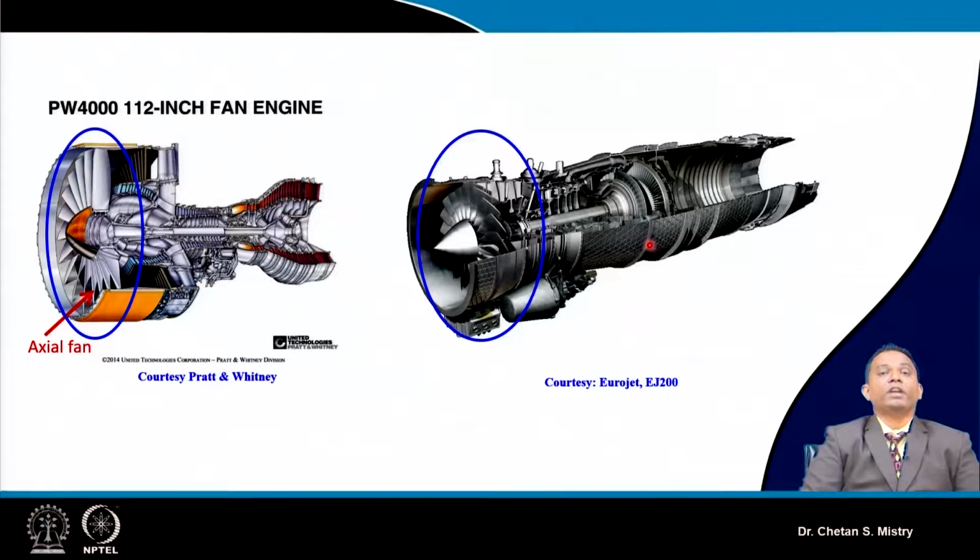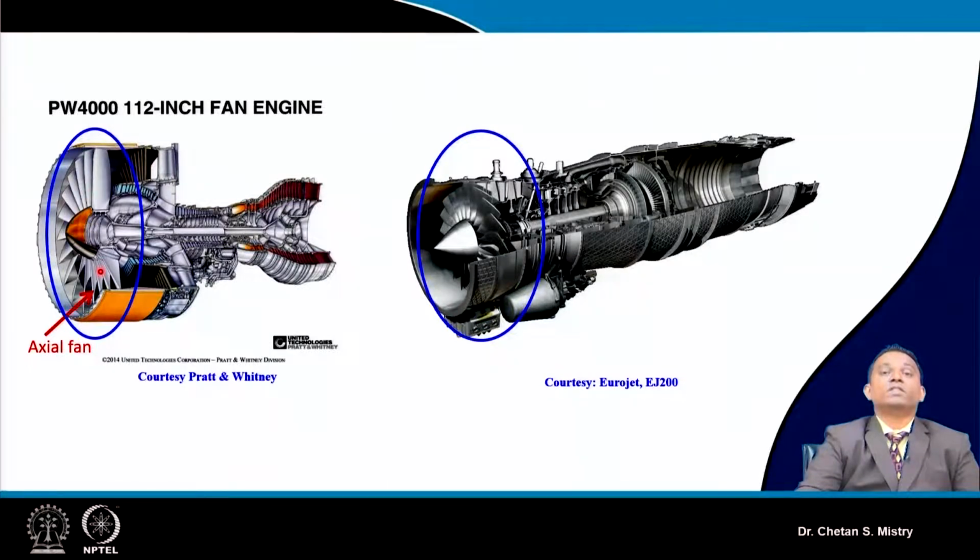Now in this case, if we look, we have two engines. This is a high bypass ratio engine, and this is my axial fan. It's a large diameter fan. You can say the diameter of this casing is 112 inches, so you can understand this is a larger diameter fan.